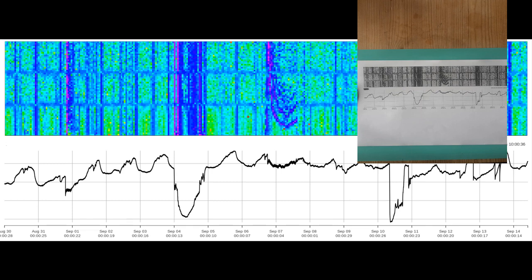So the two distinctive features that you have already spotted, when you look at the lower graph, are these two large dips, these two valleys. The first one happens on the 4th of September, so between 4th and 5th of September midnight, and the second on the 10th of September around midday, maybe a bit earlier.